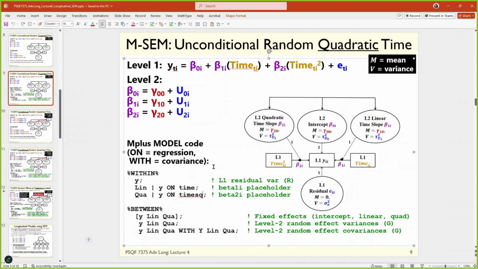For this particular model, let's zoom out here. What are circles? Latent variables, yep. So each of these circles is a beta that has a mean and a variance, according to this level 2 model. What are boxes? Observed variables. These are columns in your data set. So in M-SEM, which is what we're talking about, multilevel structural equation modeling, that uses long format data. So one row per occasion per person. What about directed arrows, like these ones? What do those mean?